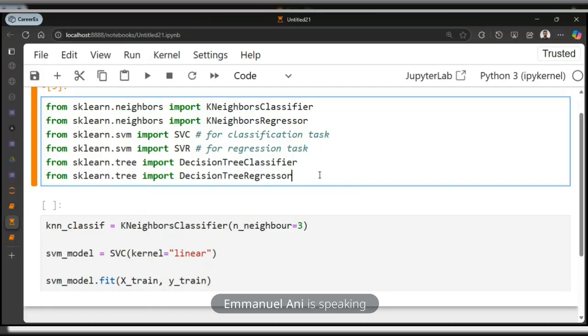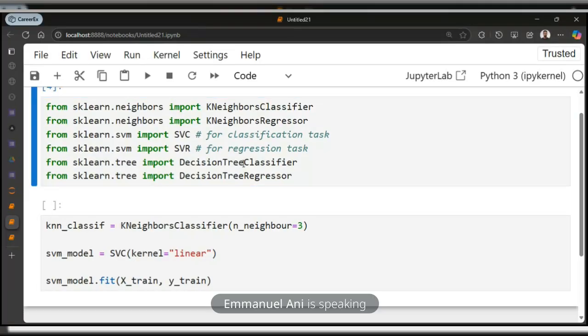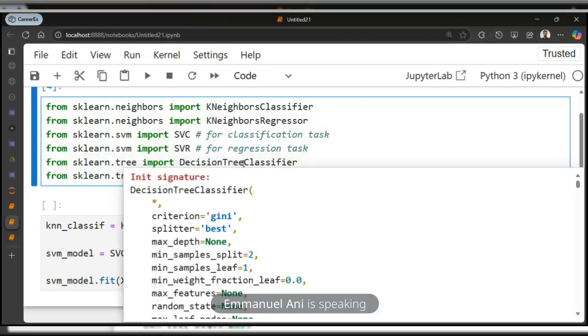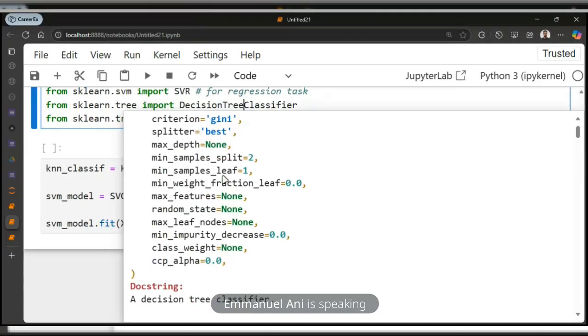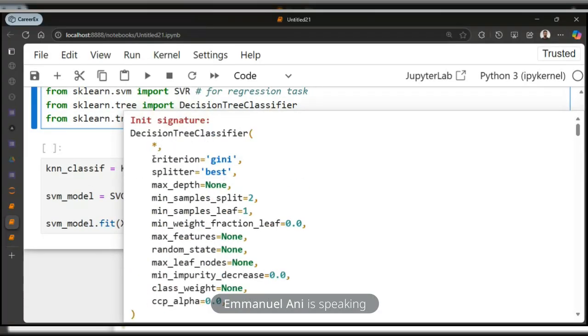If you run this, you're going to see that we have some hyperparameters here that we've looked at already. So we have criterion. Now this criterion is what I explained: the Gini impurity, the entropy, the information gain, right? And there is max depth as well.